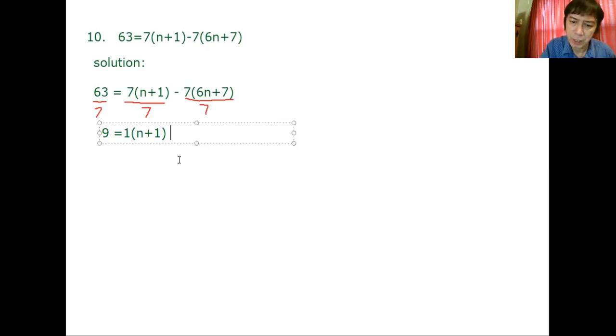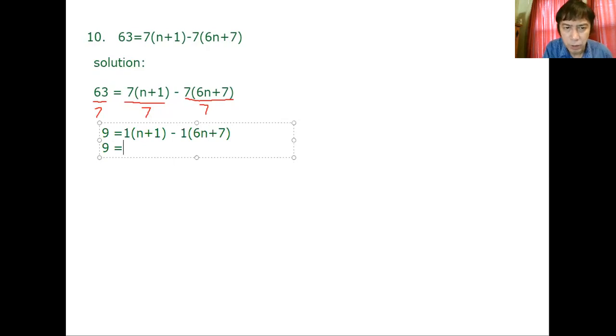So this will proceed like minus 1 times the quantity 6n plus 7. There. So we have now smaller numbers. And we can now do the simplification by distributing the number 1s. So the left side will still remain 9.